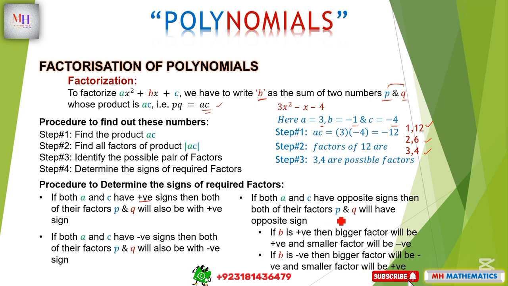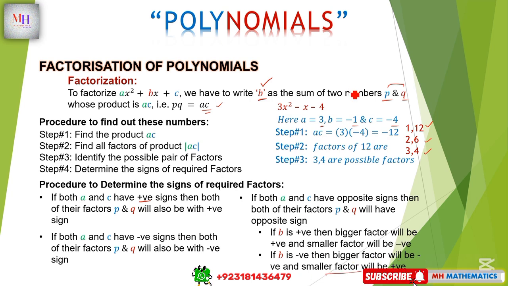Now, what will be the signs of p and q in this case? We will go to the sign of b. If b is positive, then the bigger factor will be positive and the smaller factor will be negative. And if b is negative, then the bigger factor will be negative and the smaller factor will be positive.